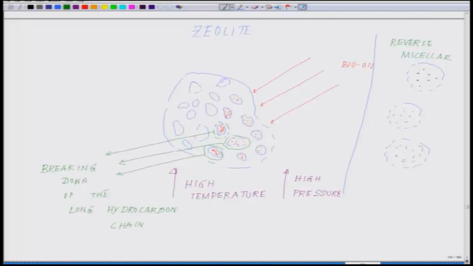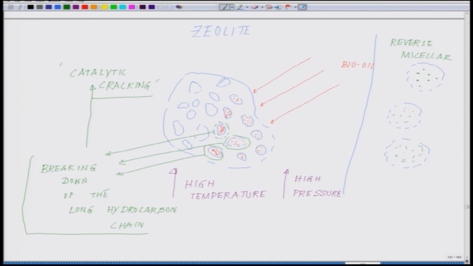So, this is the whole process which leads to the breaking down of the long hydrocarbon chains in these zeolite structures, what we call catalytic cracking. This was one of the tailpieces of the previous class where I was talking about catalytic cracking.